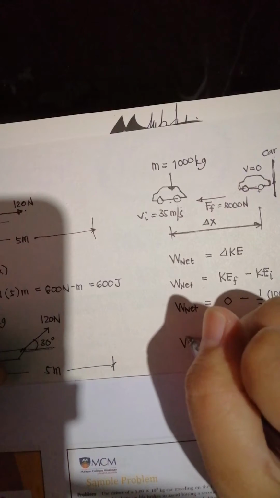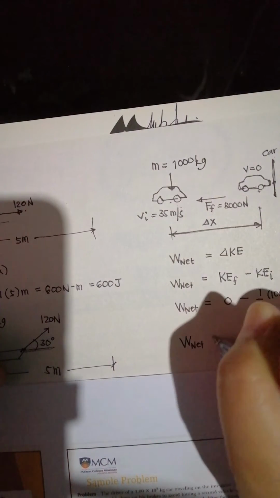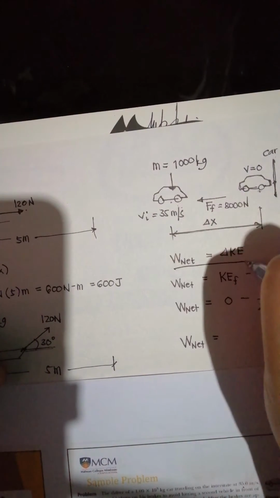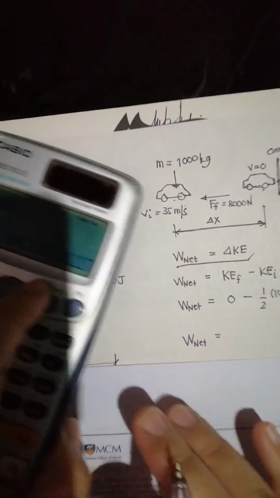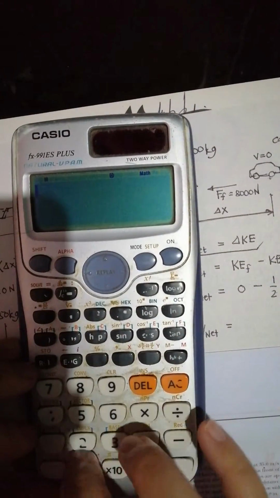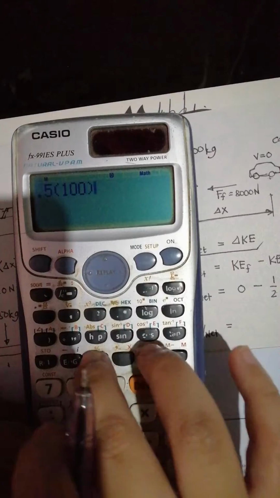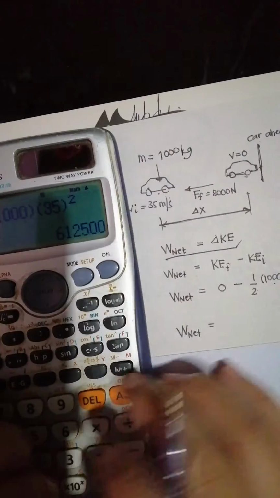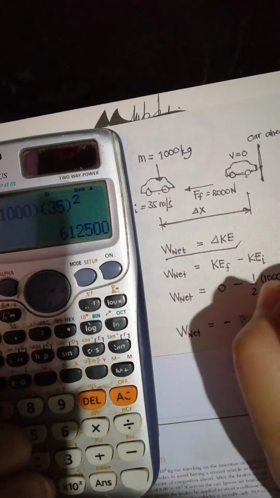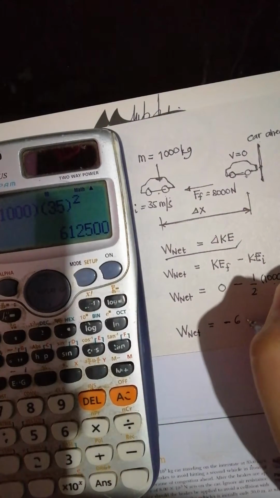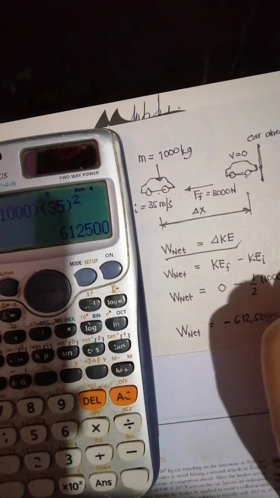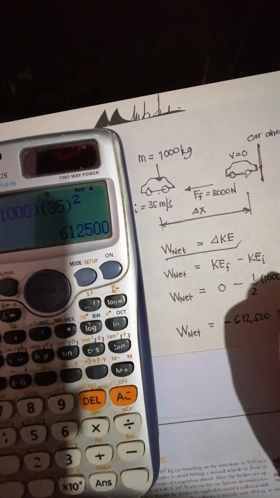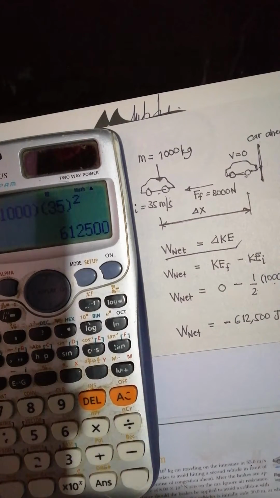So the net work done using this formula is equal to 1 half times 1,000 times 35 squared. So that will be negative 612,500 joules.